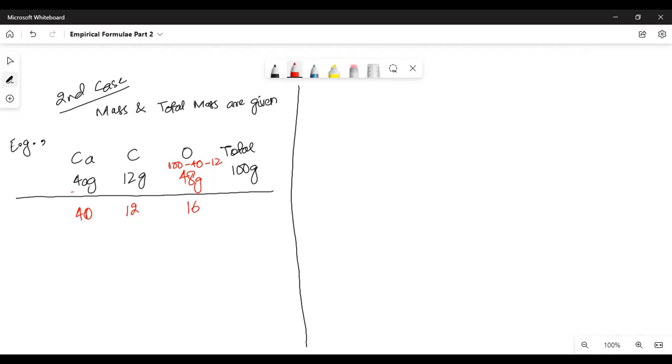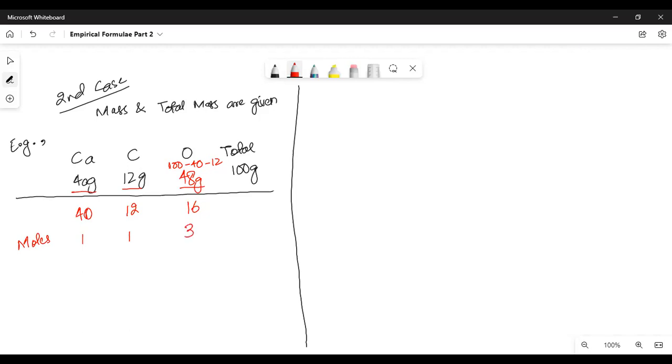Great. So that means 40 divided by 40, 12 divided by 12, and 48 divided by 16. Since 40 divided by 40 is pretty simple, I'm simply going to write it myself. However, the third one is something you need to do with the calculator, and that is 48 over 16. So what's the answer to that one? Sure, it's 3.